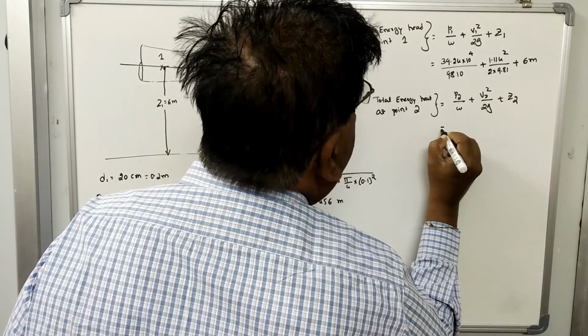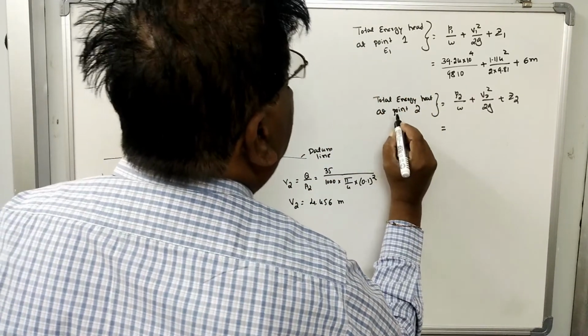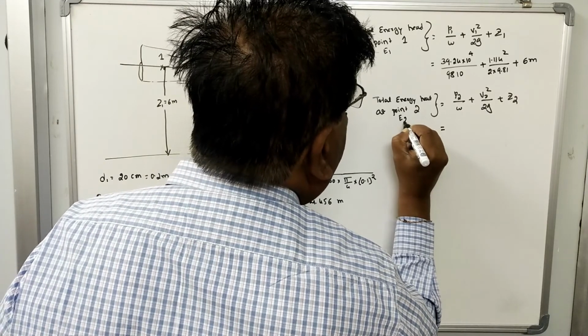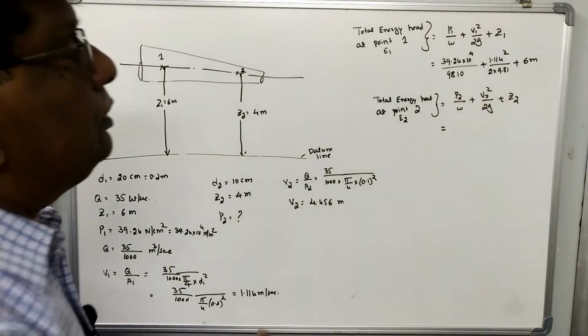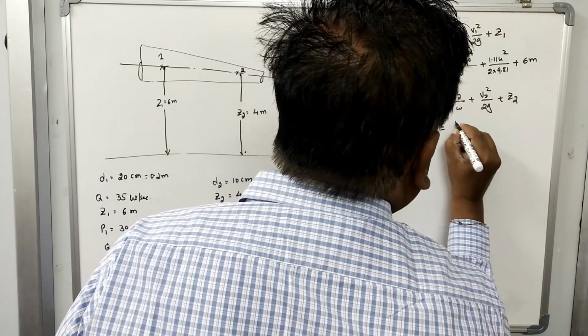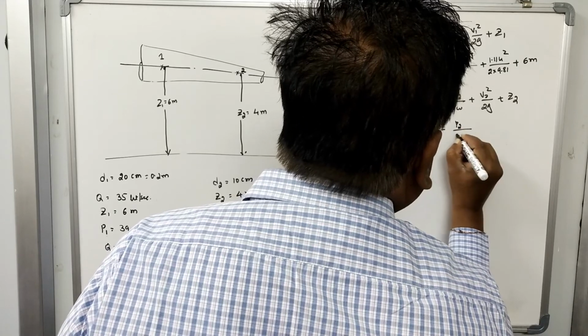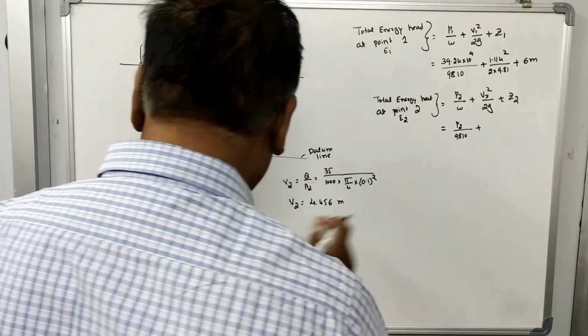Then you can write this as E1, the energy head at point 1, and E2, the energy head at point 2. P2 is not known, so you write P2 as it is, divided by 9810, W, plus V2 is known.